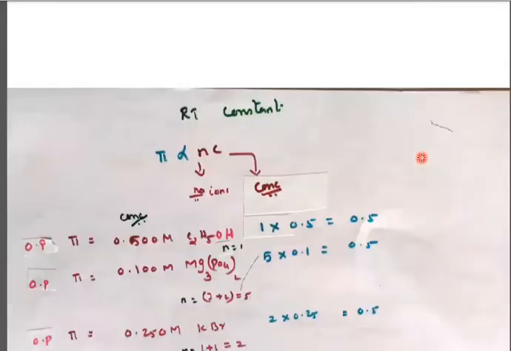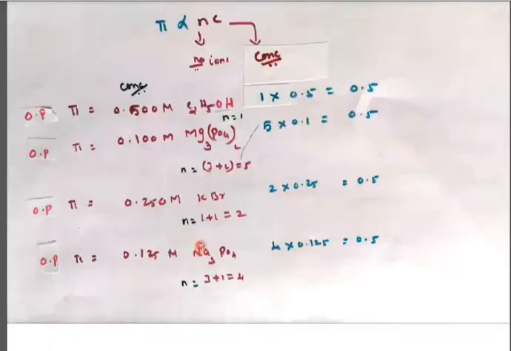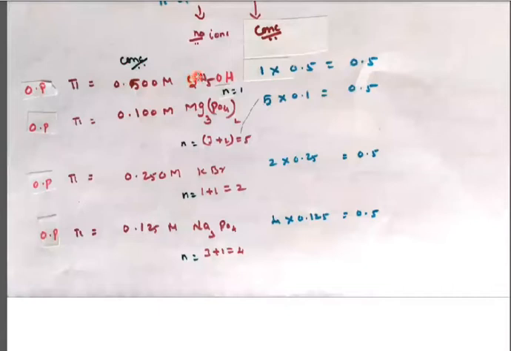Concentration is given straight away: 0.500 molarity of ethyl alcohol, 0.100 molarity of magnesium phosphate, 0.250 molarity of KBr, and 0.125 molarity of sodium phosphate.